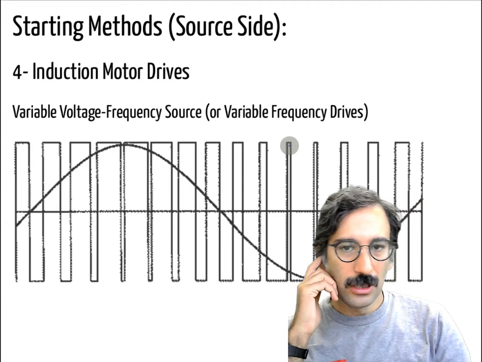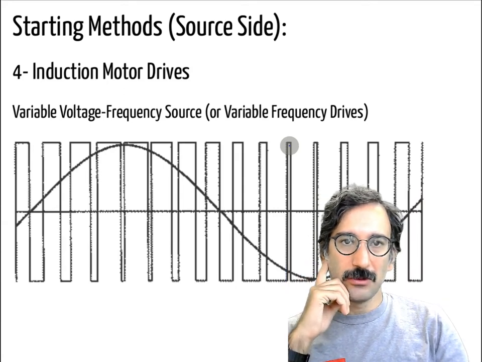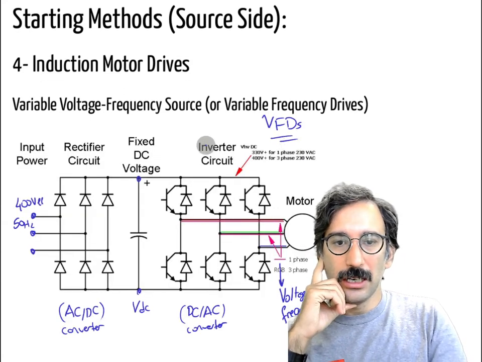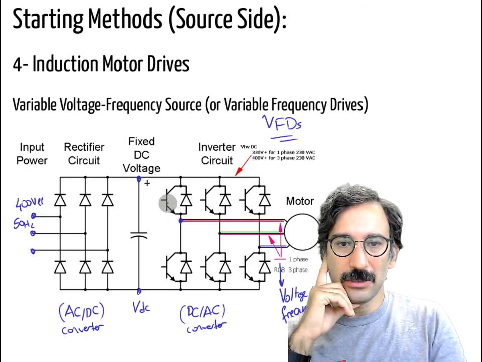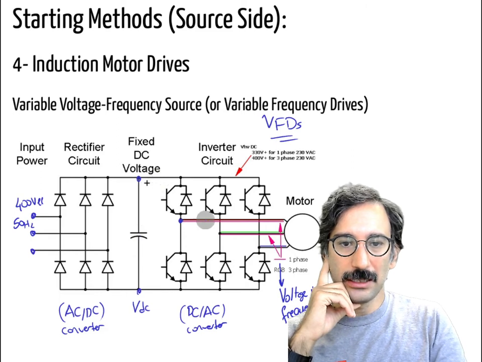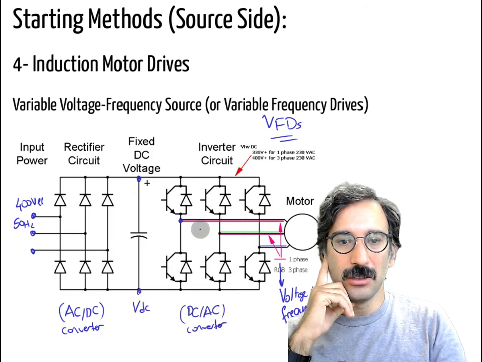Okay, so again, I just would like to give you an idea. You have those switches. The idea is, if you just turn on the top switch here, you can apply the high voltage, or you can turn on the bottom switch, then you can apply the negative terminal of the DC.